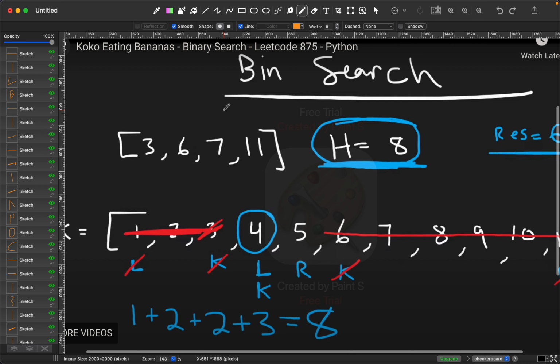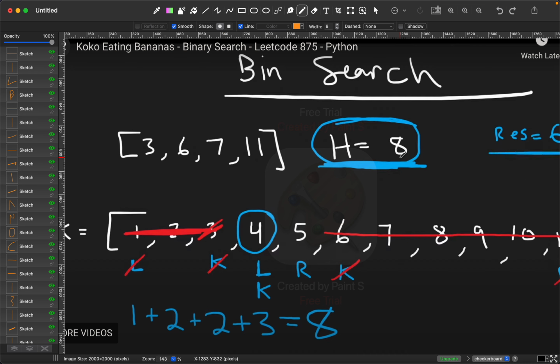So this 8 says that this is basically the target, the target value, that within 8 hours you need to finish all the piles of bananas over here.